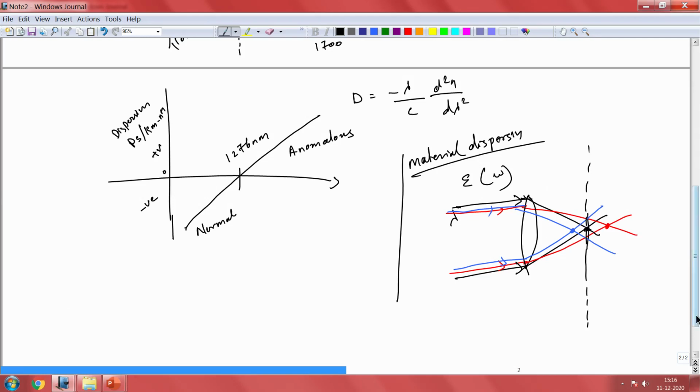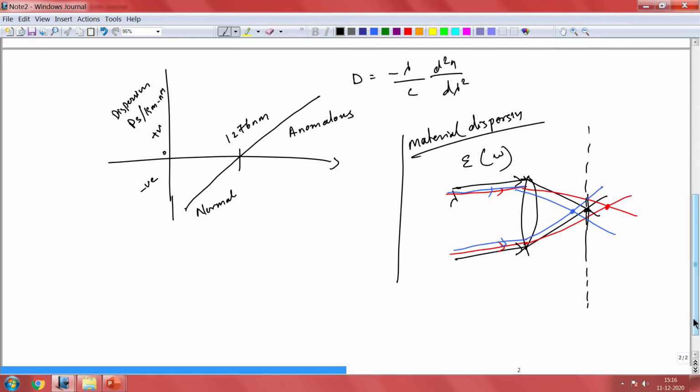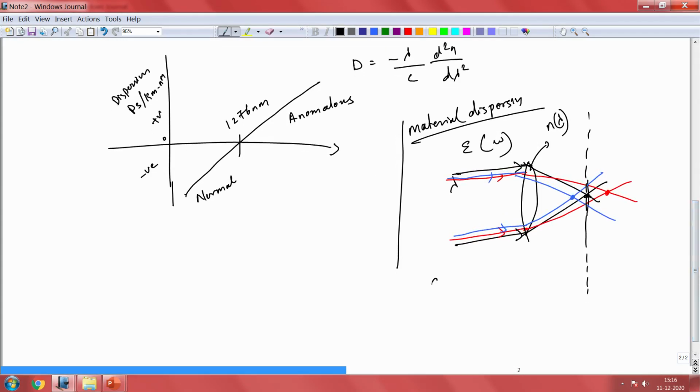Okay. So, if you are making a multicolor image with this particular lens that has a dispersion, right. So, your refractive index is a function of lambda, and this is what we call chromatic dispersion. Because of different wavelength of light and associated refractive index, you are going to focus it at different places, right.